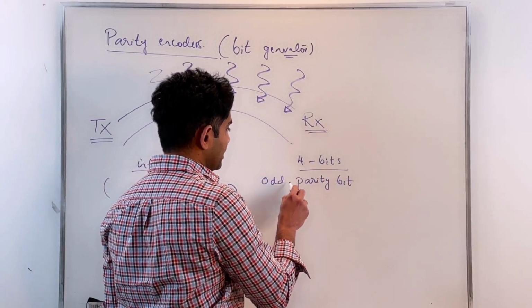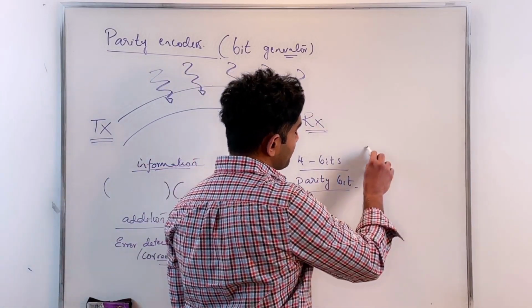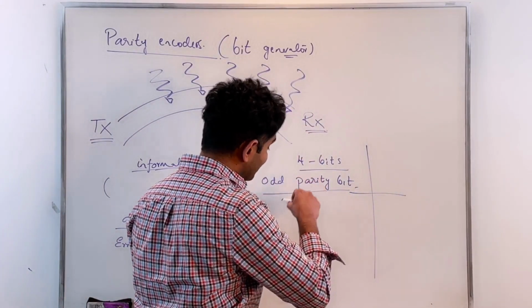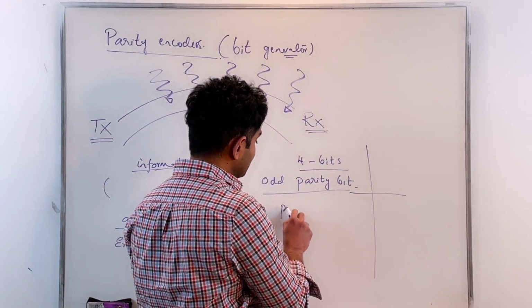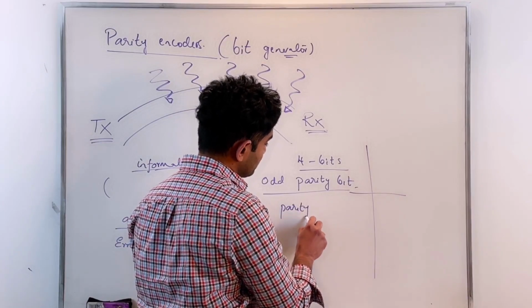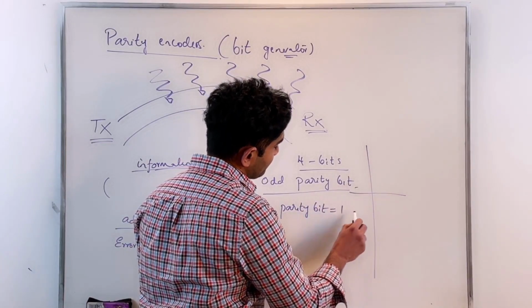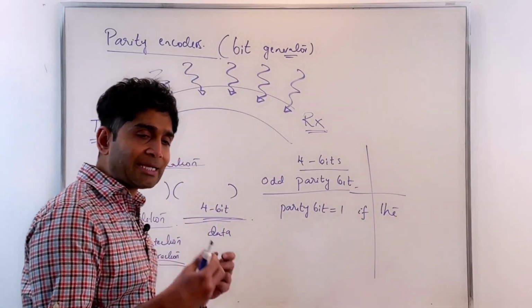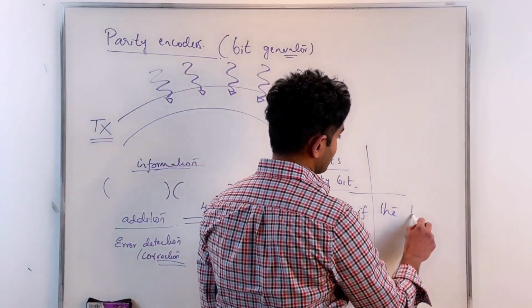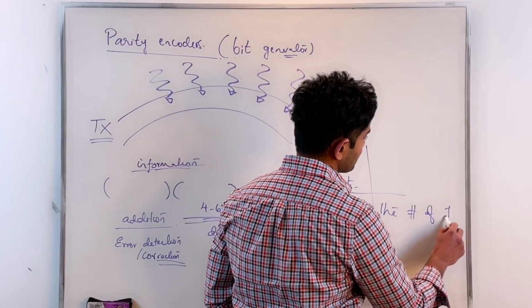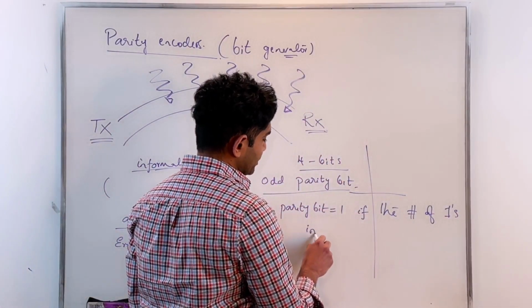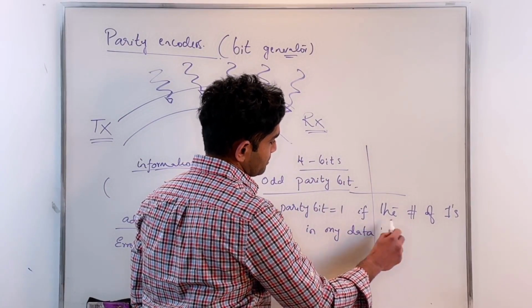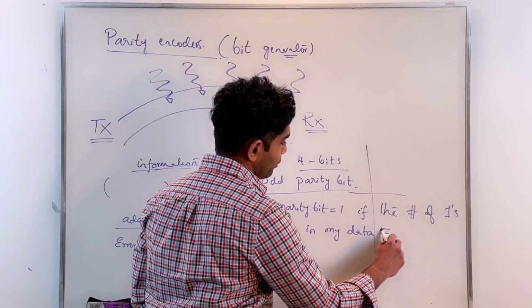I will generate a parity bit of 1 if the number of ones in my input stream, in my data stream or my data packet, is odd.